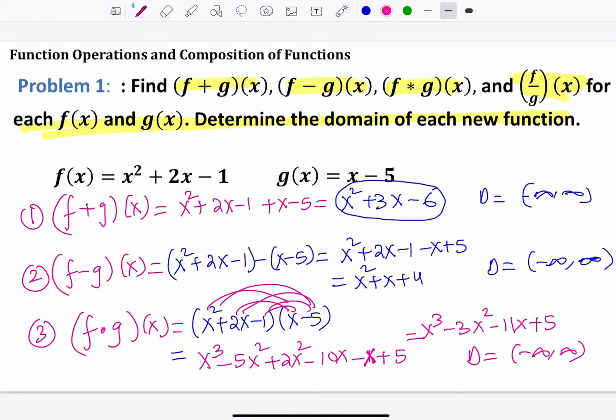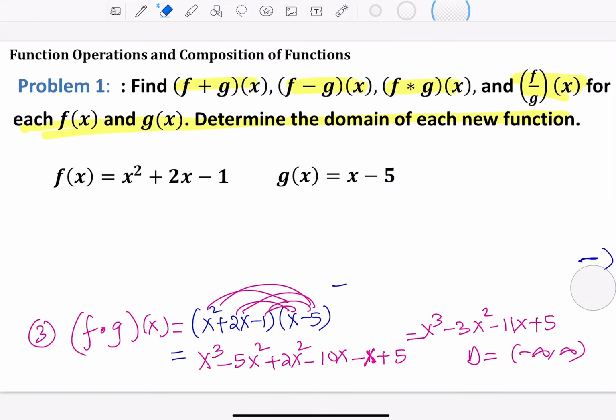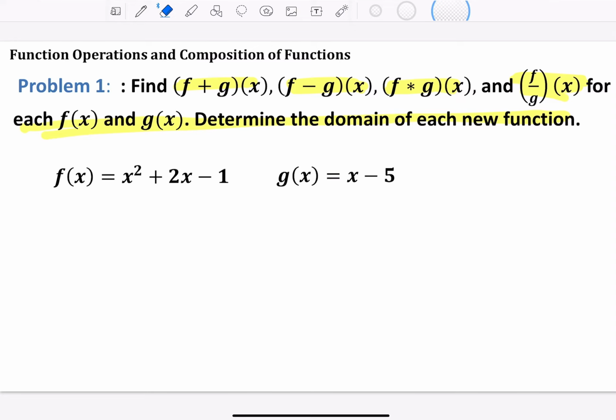The fourth function we're going to look at is the division function. For the division function, we have to be extra careful about the domain, because the domain of the new function has to satisfy both individual functions.